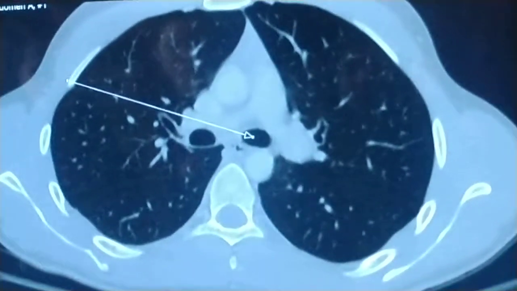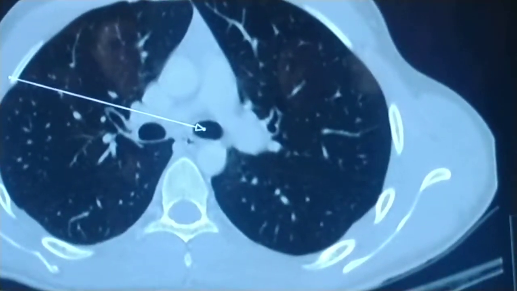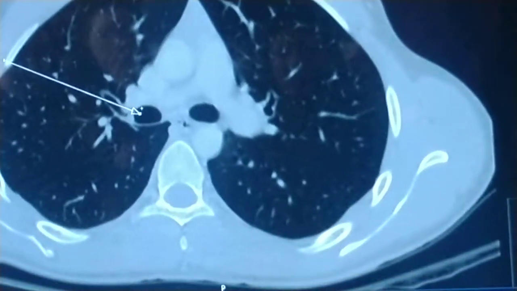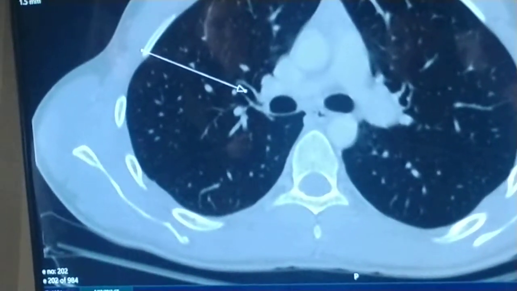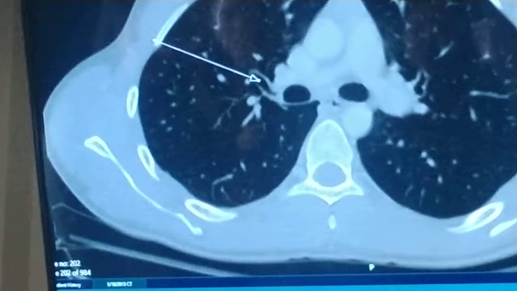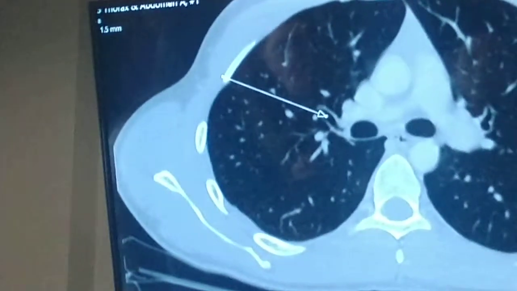Left main or primary bronchus, right? So left main bronchus, right? And so this is my, that's going to be my right superior bronchus, right?